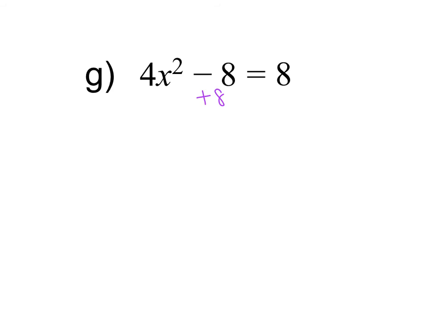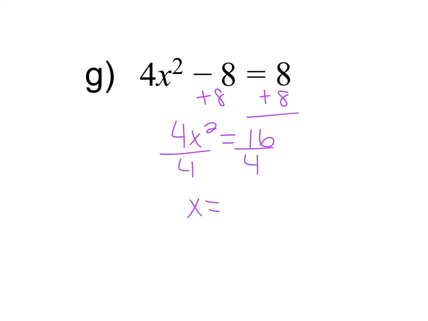So let's add 8, 4x squared equals 16, divide by 4, x squared equals 4. Take your square root, so x equals plus or minus 2.